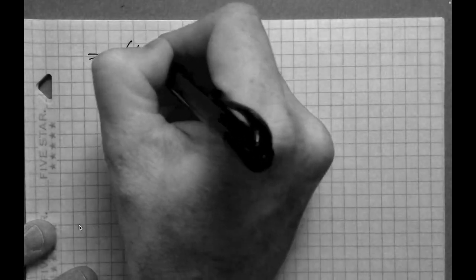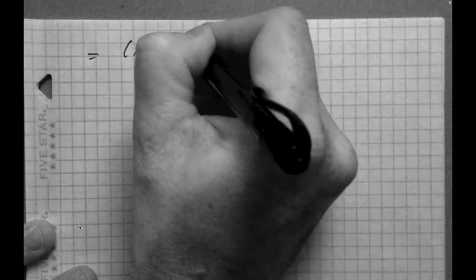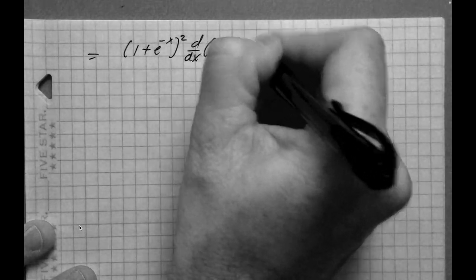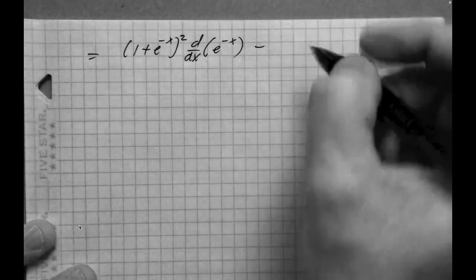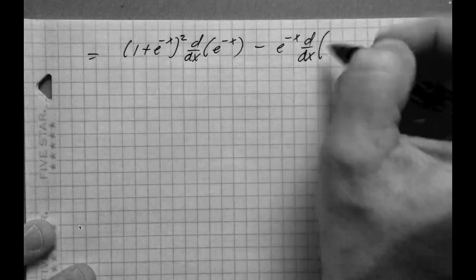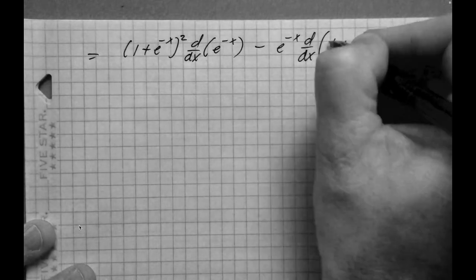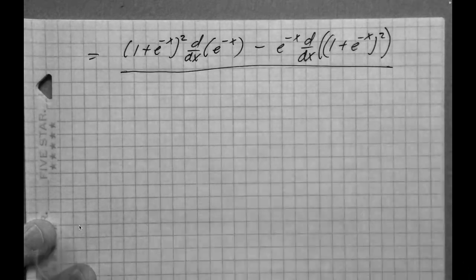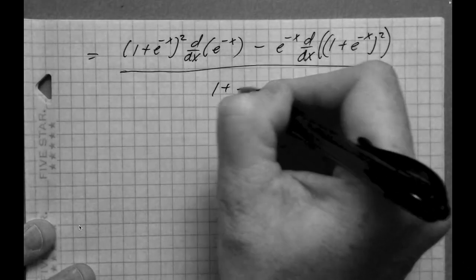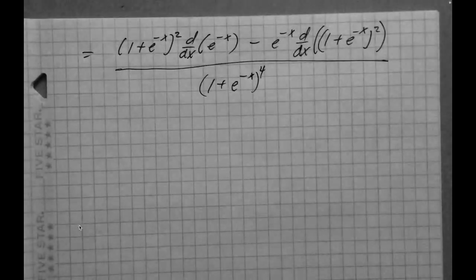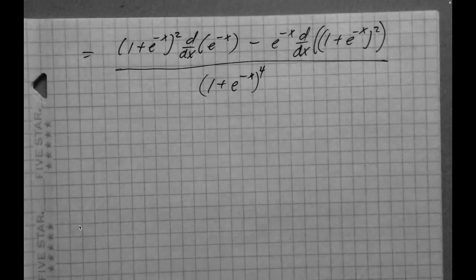So it'll be 1 plus e to the negative x, squared, times d/dx of e to the negative x, minus e to the negative x times d/dx of 1 plus e to the negative x, squared. Okay, and then we've got to square the denominator again. So we've got that.